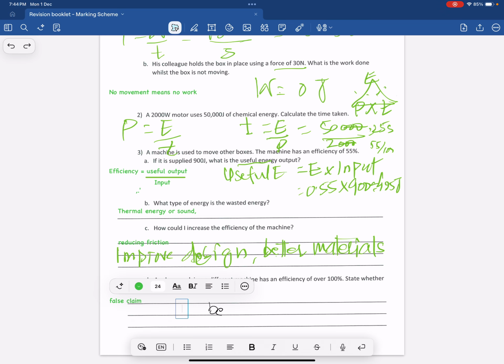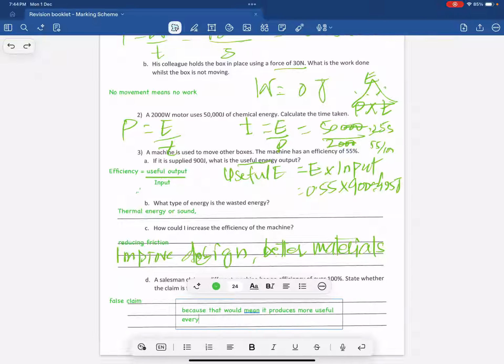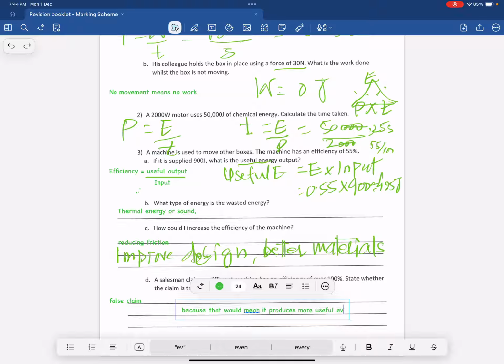So because that would mean it produces more useful energy output than the total energy input.